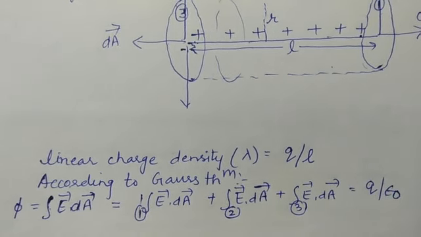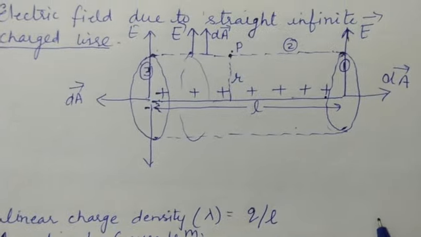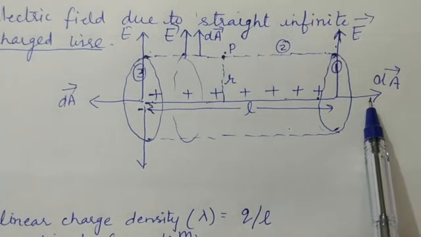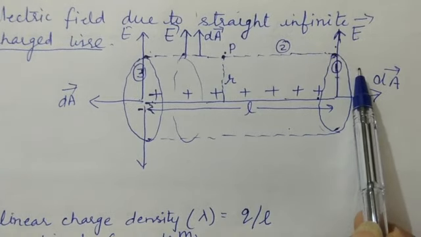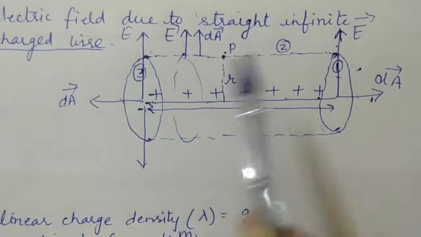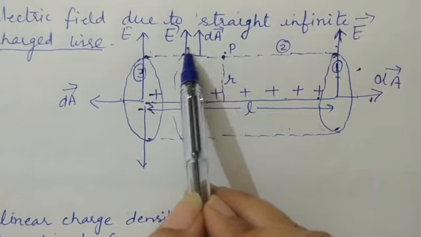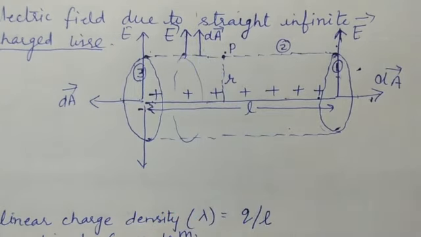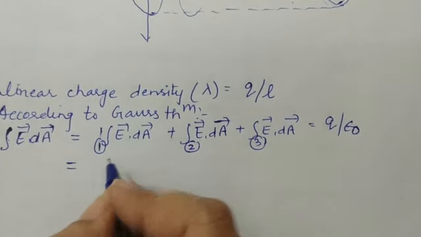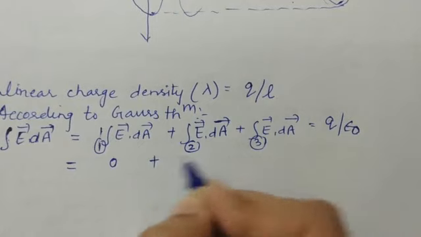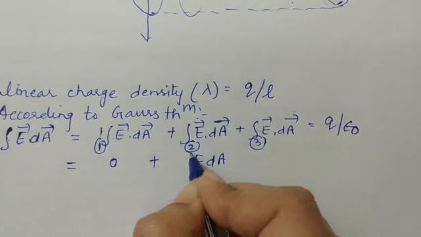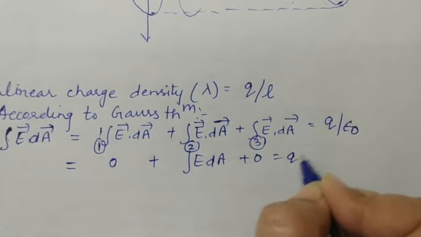Now look at the diagram. For surface 1, E and the area vector are perpendicular, so the flux will be 0. For surface 3 also it will be 0. For surface 2, because E and dA are in the same direction, the angle is 0 degrees. So we place these values in the expression. For 1 and 3 it is 0, so 0 plus the second surface gives E dA plus 0 equals Q upon epsilon naught.